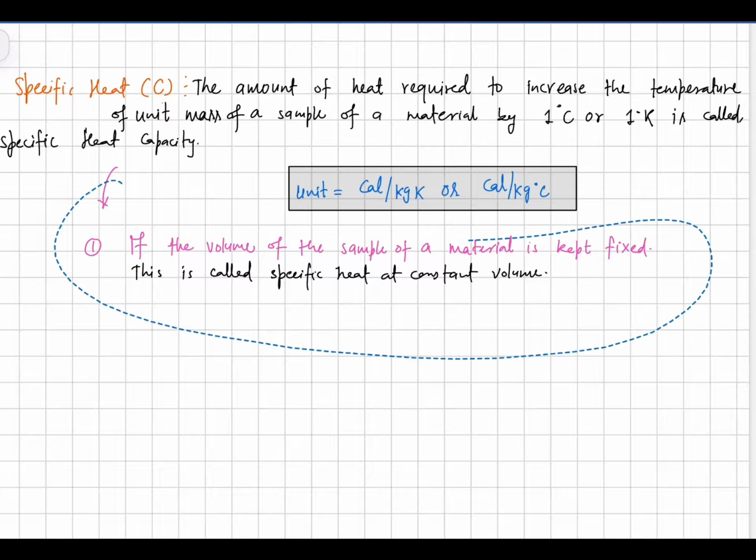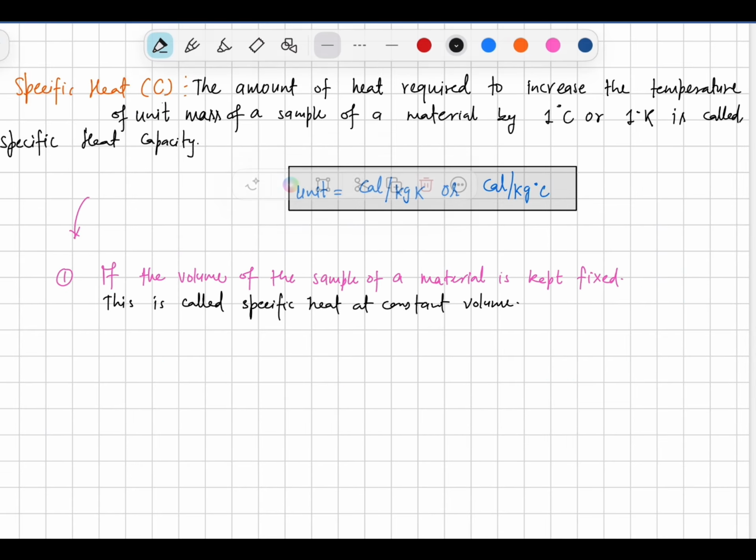And earlier I forgot to mention one more thing: the formula will be C equals dq by dt, but divided by mass.